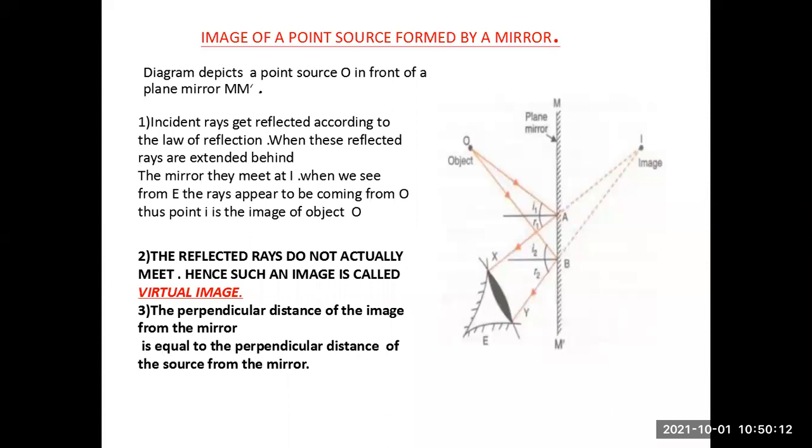When we see from E, the rays appear to be coming from O. Thus, point I is the image of the object O. Second, the reflected rays do not actually meet. Hence, such an image is called a virtual image.